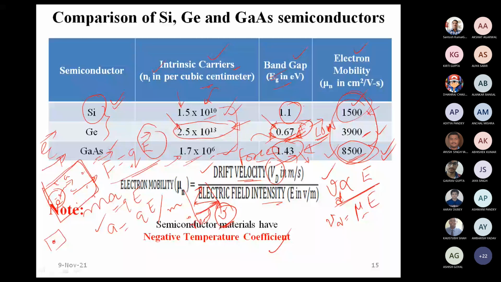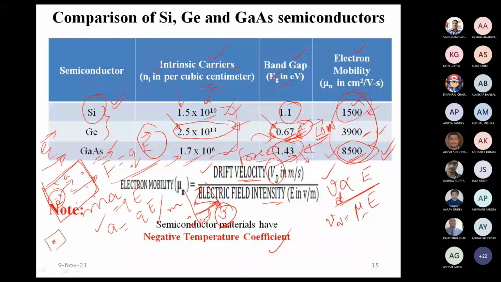For semiconductors, as the temperature is increased, we give some thermal energy to the material, and that increases the number of charge carriers, which enhances the conductivity, and hence the negative temperature coefficient is there.